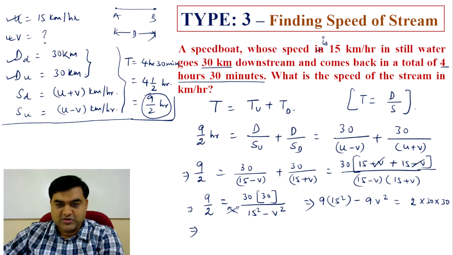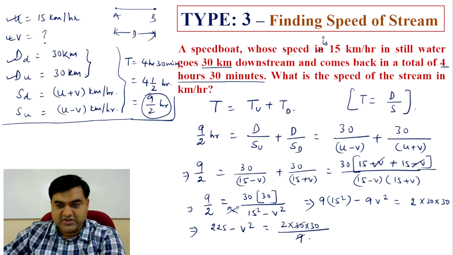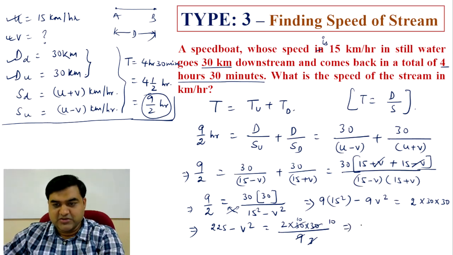That shows 15 square is 225 minus v square is equal to 2 into 30 into 30 divided by these two, 9 we have taken common, and we are taking this as it is multiplication here, division there. So this 3 times, and this becomes 10, and this again becomes 10. So what we get is 200, right? So that means v square coming on the right hand side, what we will get that side? 225 minus 10 into 10 is 100 into 2, 200.